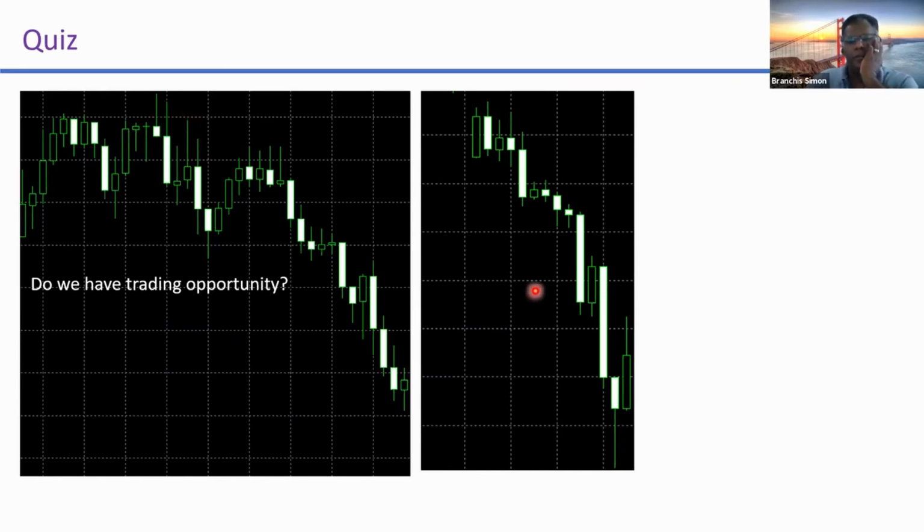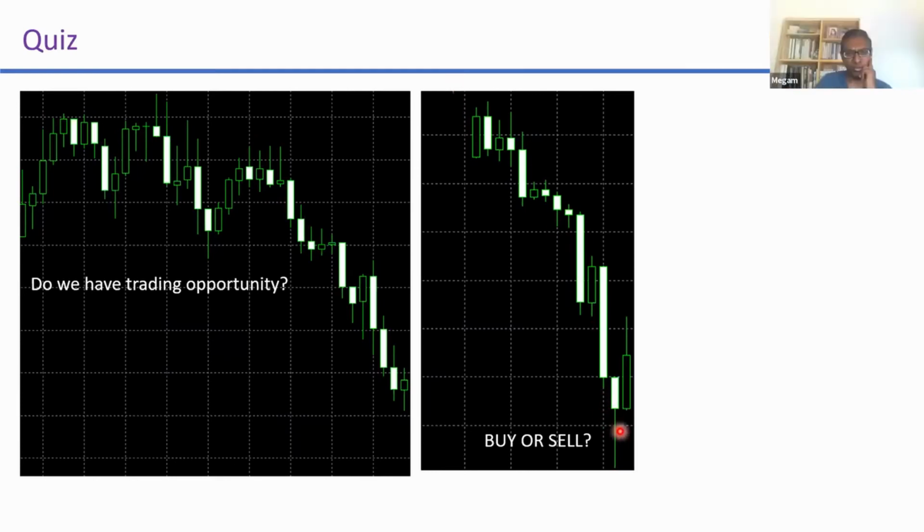How about this graph? If you look at this chart, it's coming down. Probably you may think that you want to buy or sell here based on this. Maybe we should buy. Okay, some traders, based on this candle, they decide that okay, market going to reverse, so they buy.